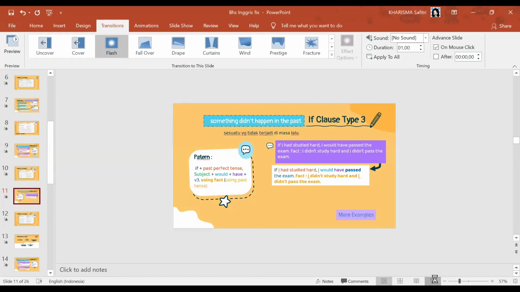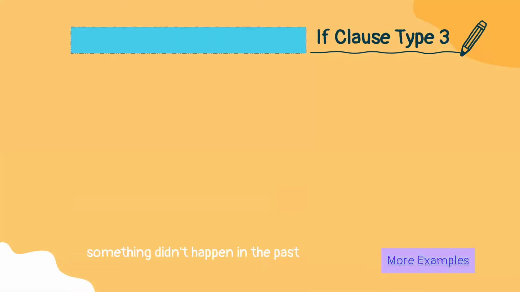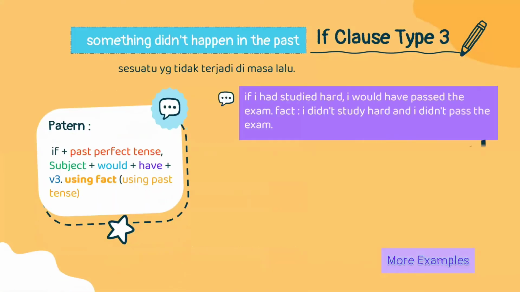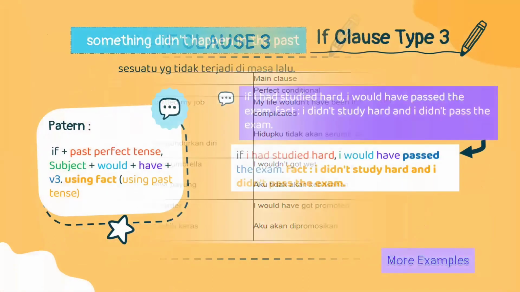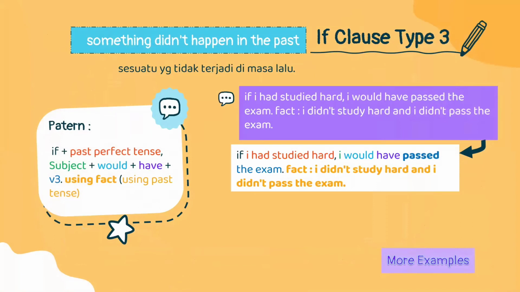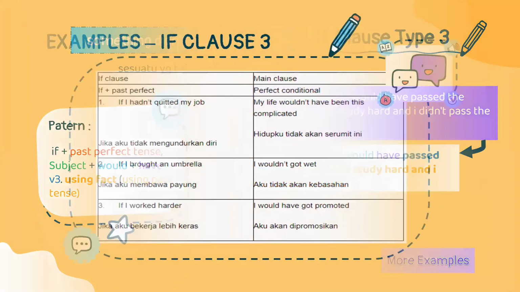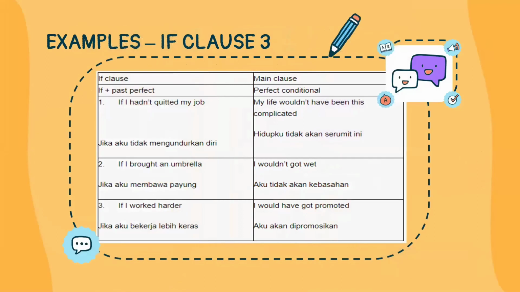Okay, if clause type 3 is... okay, stop. Example. Example. Which one is this one, Pak? No, the one before. Go back. This one. Okay, yes, stop.